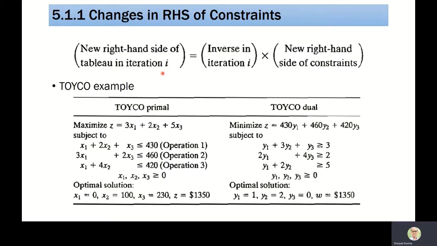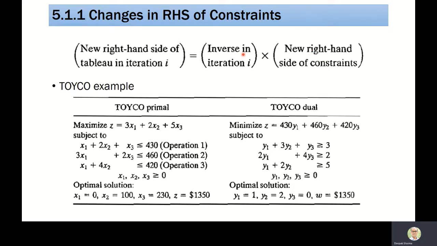Here I am writing the formula which we discussed earlier. The new right-hand side of the table in iteration i is the inverse in iteration i times the new right-hand side of the constraint. Even if after some time we change the right-hand side of the constraint, we just multiply by the inverse.